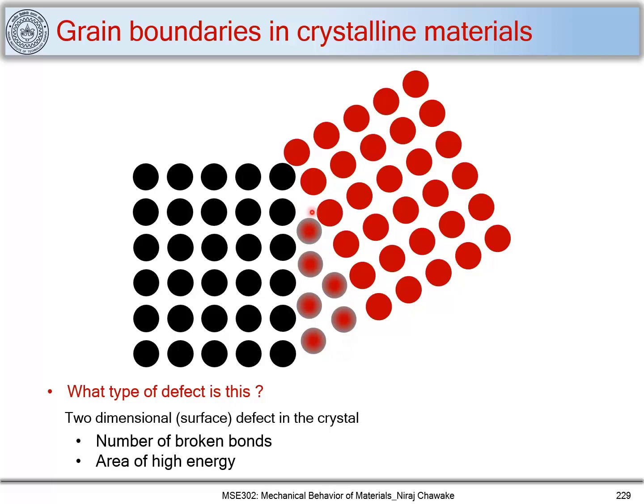So these regions are areas of high energy. And the grain boundary energy is measured in millijoules per meter square. So we have grain boundaries which are of high energy as compared to these two grains, which is nothing but a region of mismatch between these two grains which have different orientations.